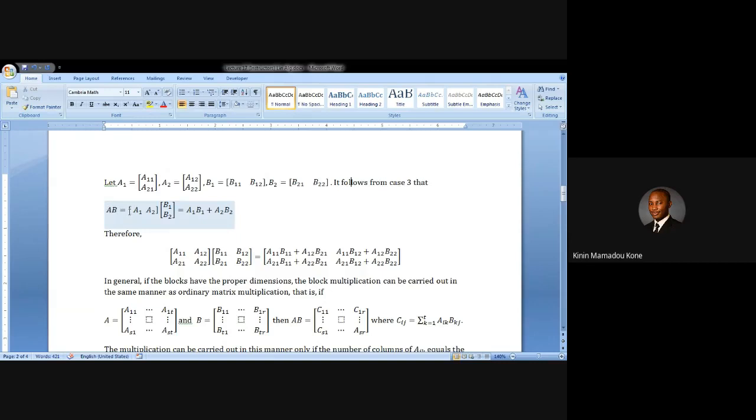So A times B equals this matrix times this matrix, and you obtain this, just like as if it was a regular matrix. So therefore, this block matrix times this other block matrix will give you the following. So we can even try to do it on paper. Let's try to do this one on paper.